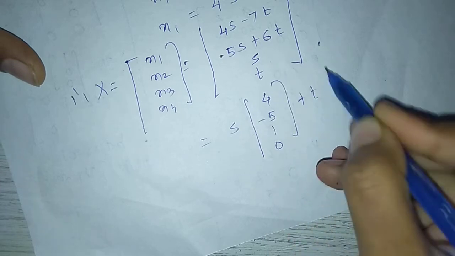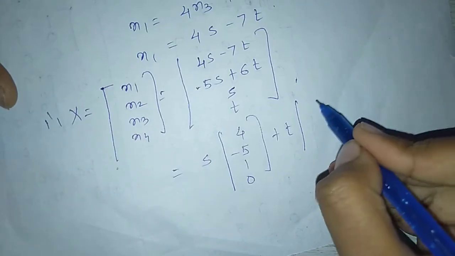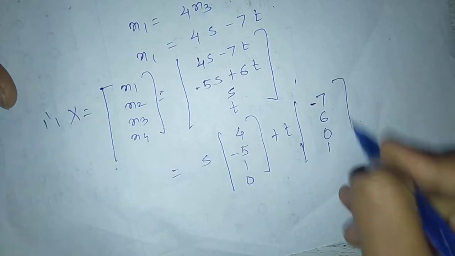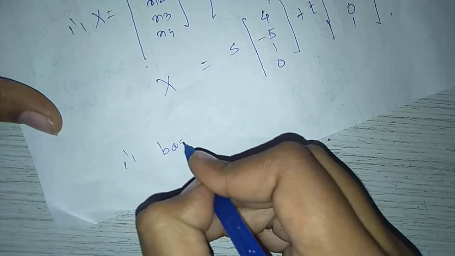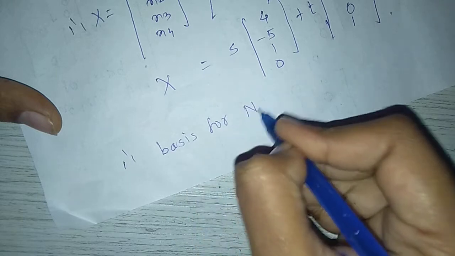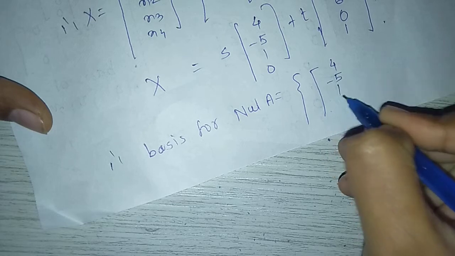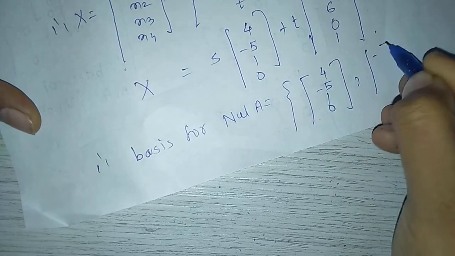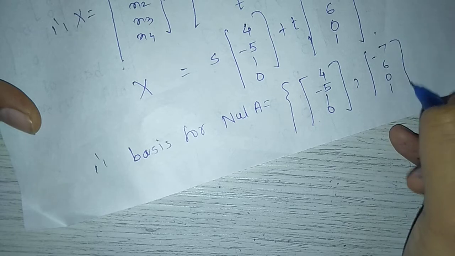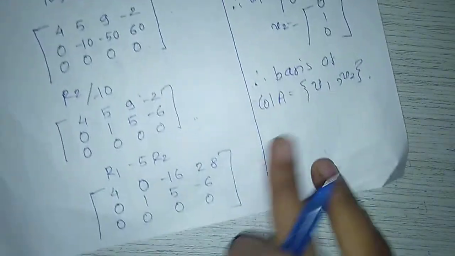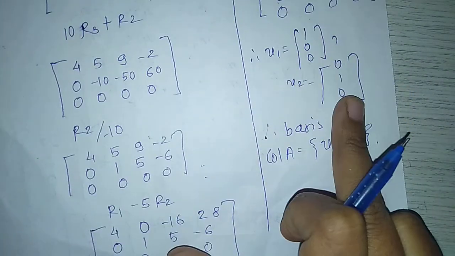Now take t common and put s equal to 0, we get minus 7 6 0 1. Therefore the basis for null space of A equal to the set of 4 minus 5 1 0 and minus 7 6 0 1. This is the basis for null space of A, and the earlier one is the basis of column space of A.